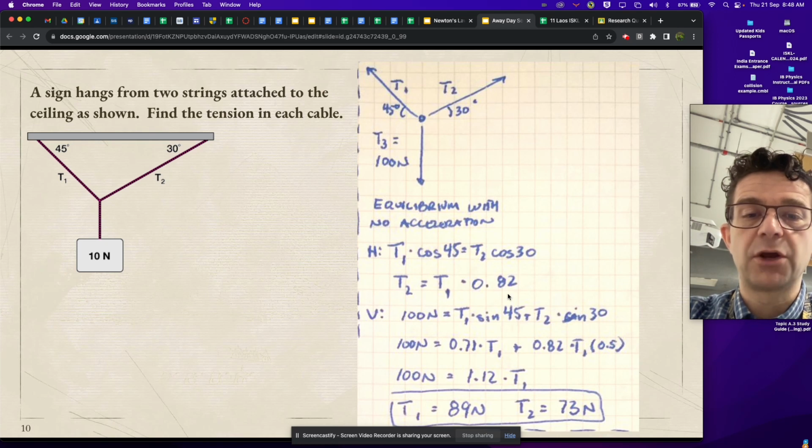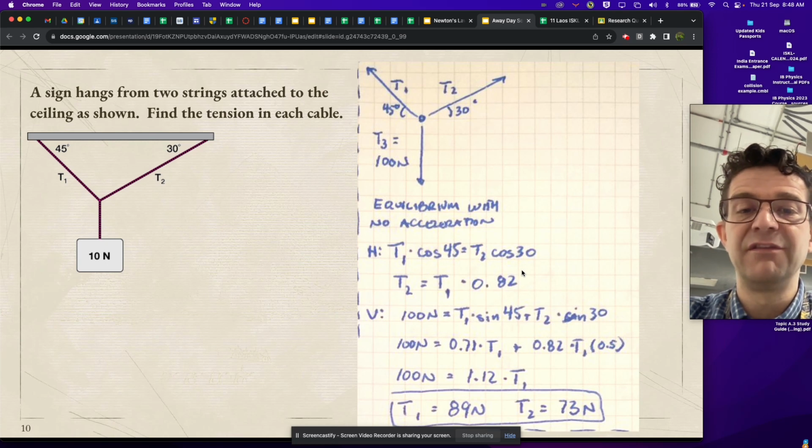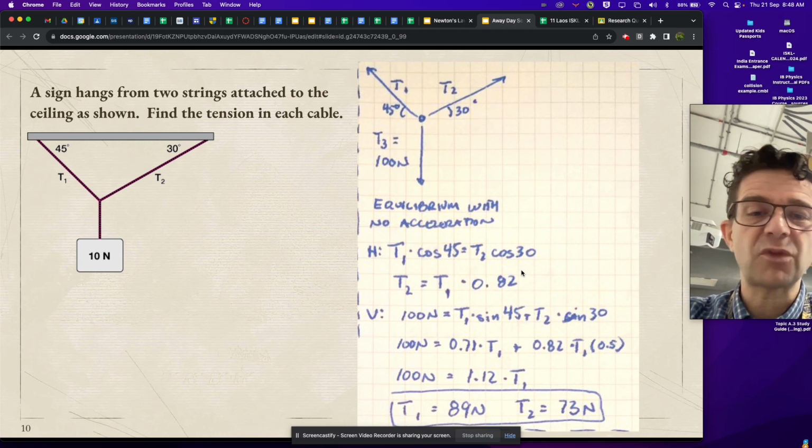And this gives me an equation. T2 is equal to T1 times 0.82. That 0.82 being the cosine of 45 divided by the cosine of 30, which is going to be like the square root of 2/3, I'm guessing. And that's one equation, but we can't make any progress on it.